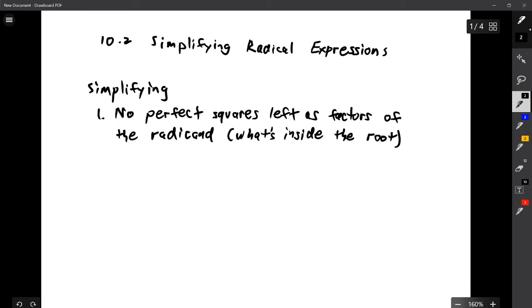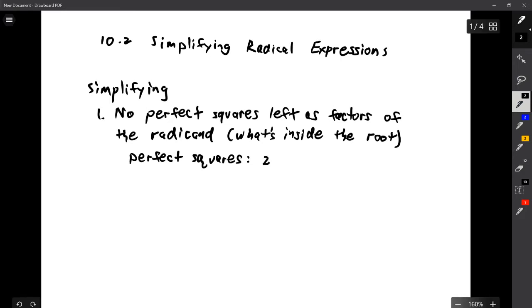Okay, so perfect squares, technically I should say no perfect squares other than 1, because 1 is 1 times 1. So we're looking at all the perfect squares greater than 1.